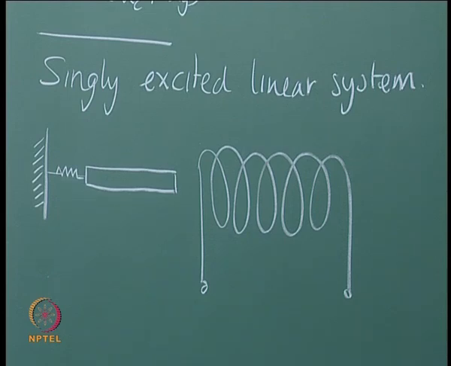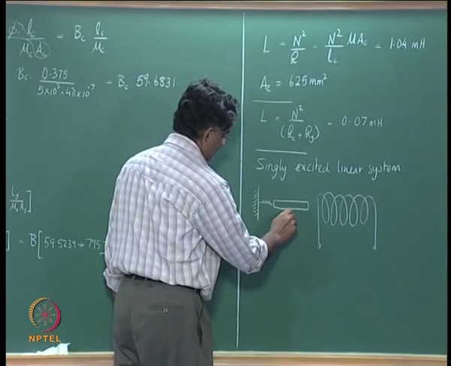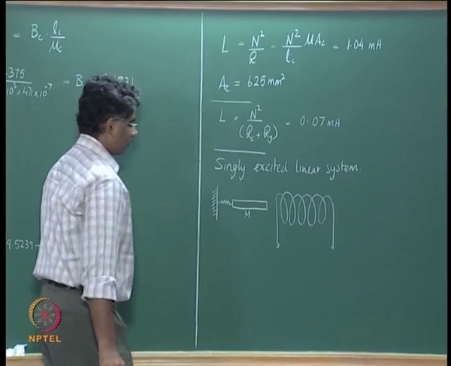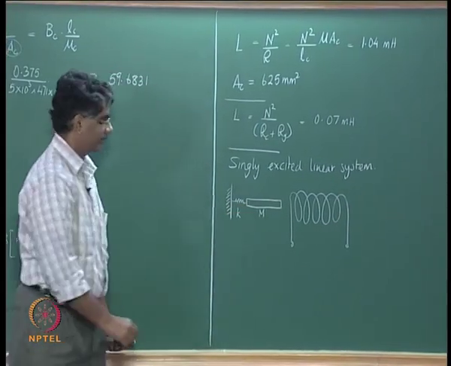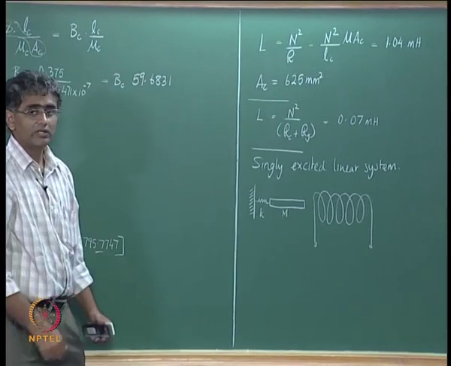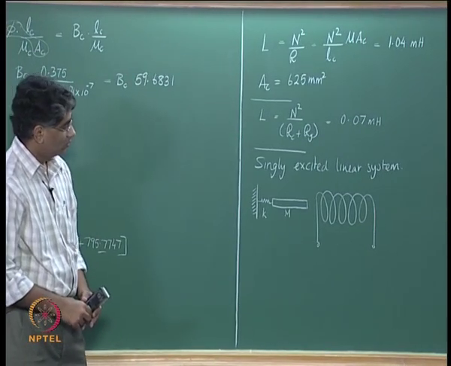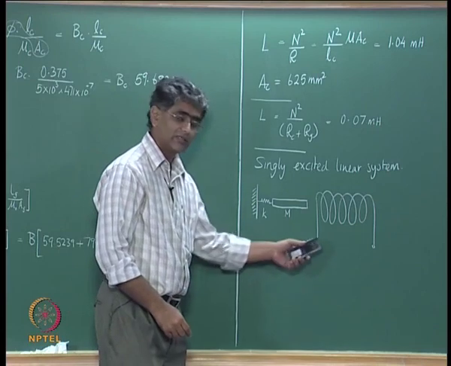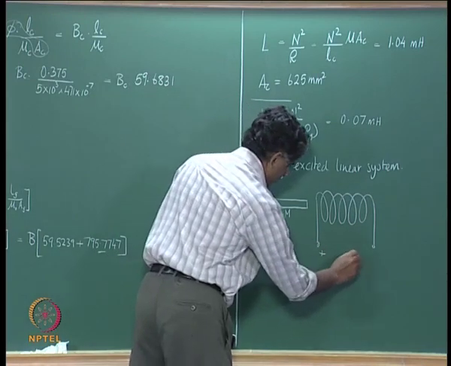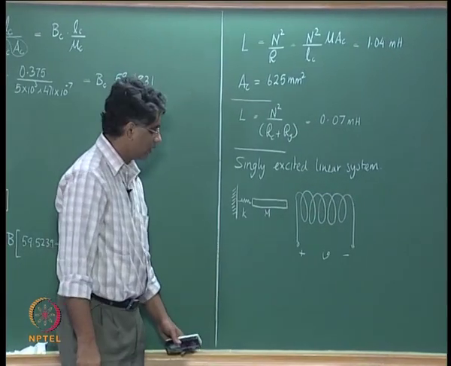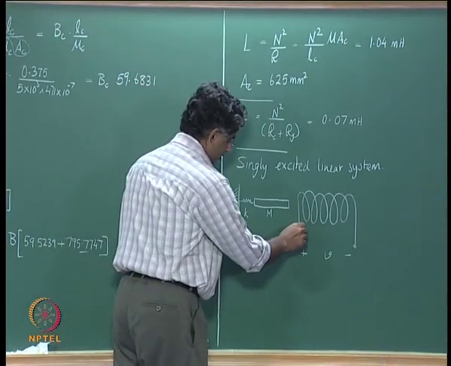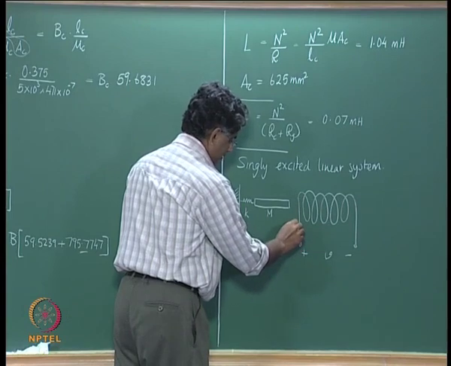Okay, and this iron bar, let us say, has a mass of m. The spring has a spring constant of k. Now in this we want to excite the system with a voltage V plus minus, and in response to which it will draw some current I.